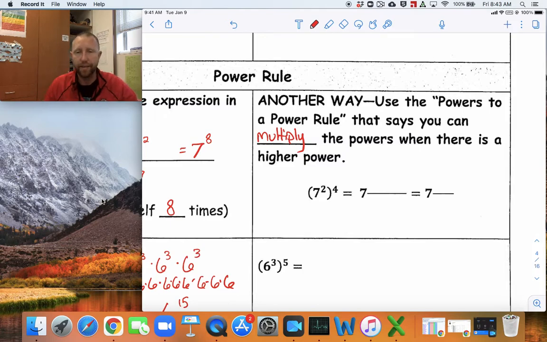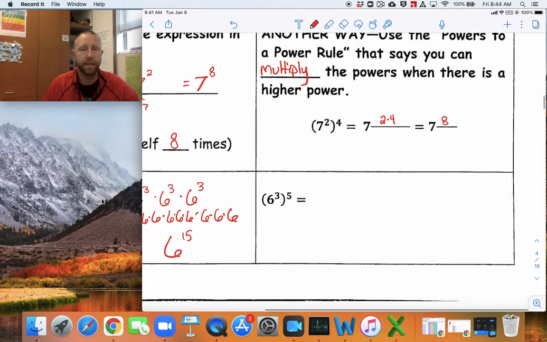So when it says 7 squared raised to the power of 4, that's really saying that I can take those exponents and multiply them together, 2 times 4, and that's how I get my 7 to the power of 8. And then the same thing works for 6 cubed being raised to the power of 5. So it's really 6 raised to the power of 3 times 5, and 3 times 5 is 15.